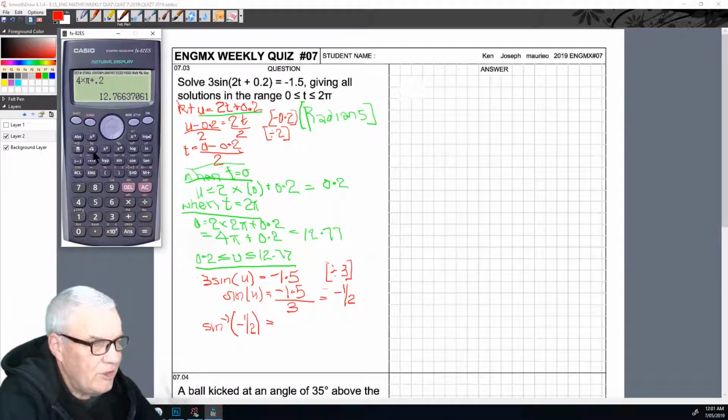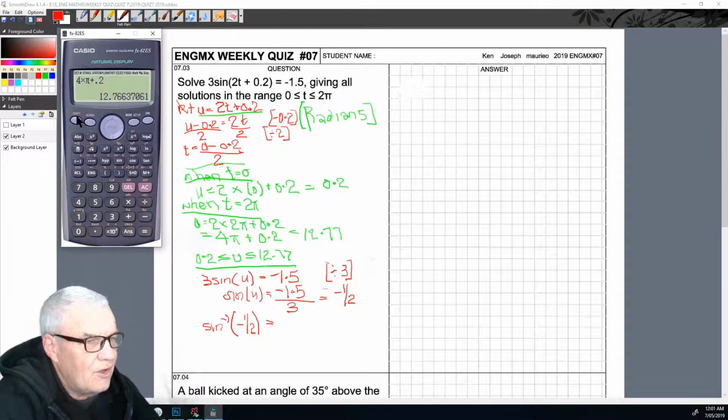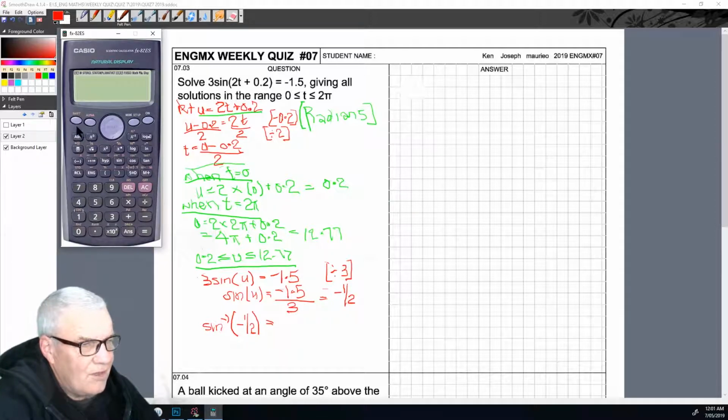First we must make sure that we are in radian mode. Shift mode 4 for the radians.